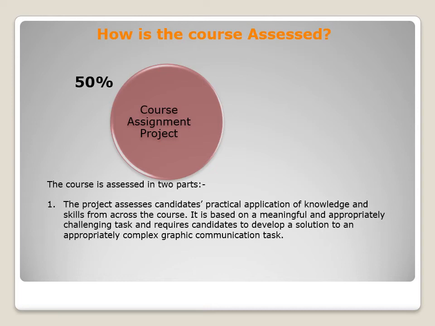As part of the assignment, you're looking to get as many modelling techniques as possible into the project. They started off by sketching, doing modelling plans, orthographic sketches with dimensions on them, and then going on to the computer and modelling all the different parts.